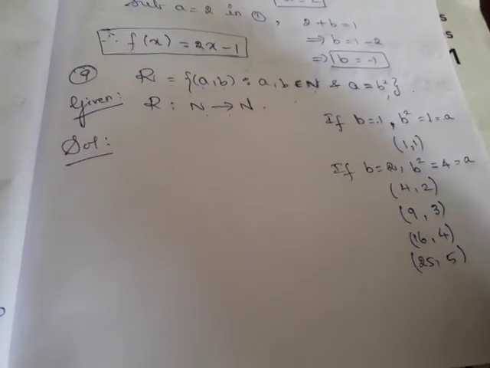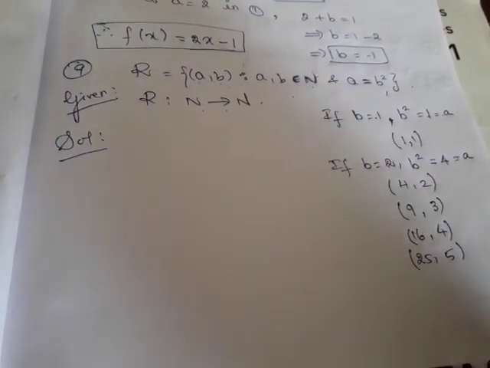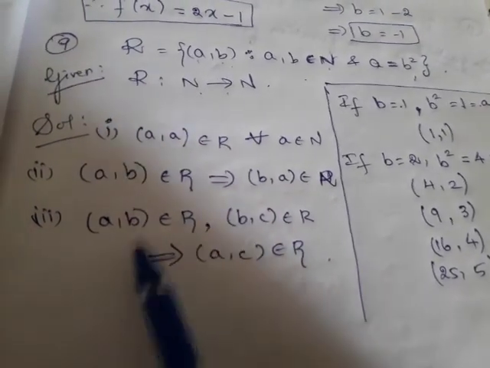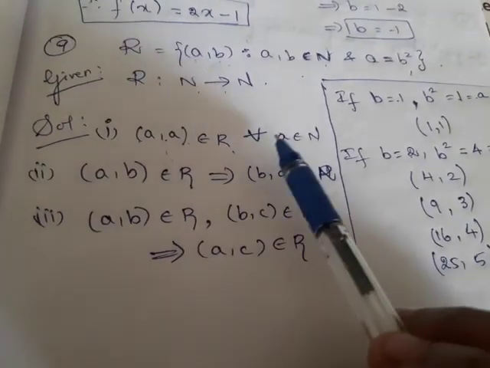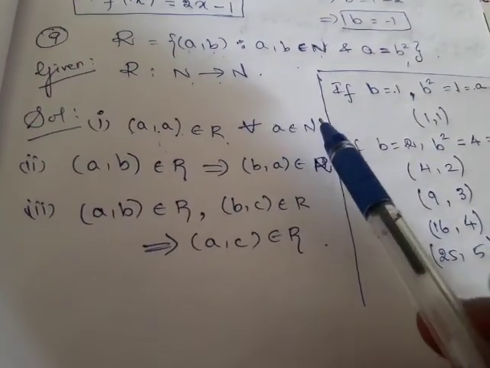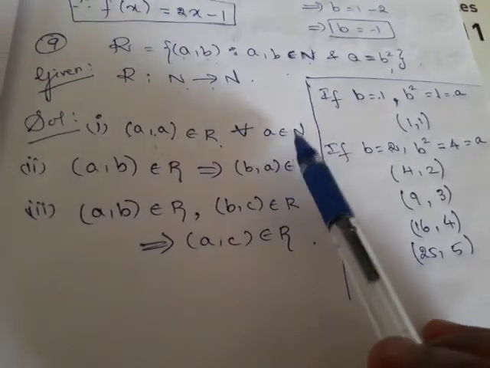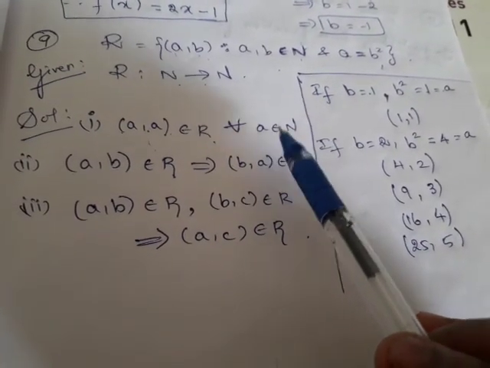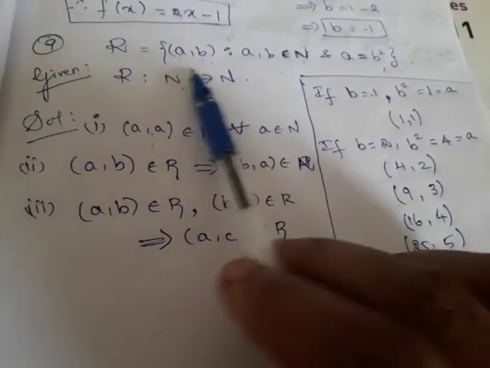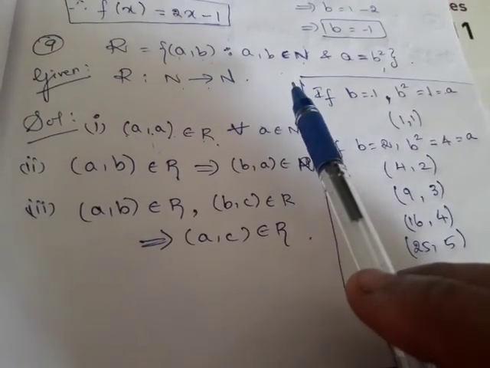Now they have given you a few conditions and they asked you to tell whether they are true or not. Now see, your first statement is the ordered pair (a, a) belongs to R for all a belongs to N. Whatever value you choose for a, then (a, a) belongs to the relation. Is it true or not?